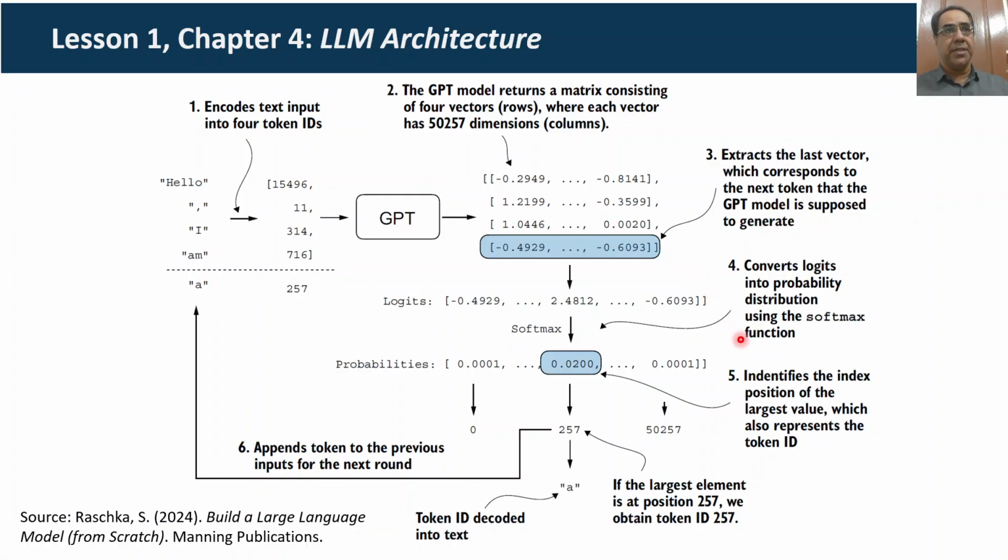See step 4 here. Now we consider the largest value of the probabilities. The corresponding position in the vector represents the ID related to the generated token. In this example, the generated token ID is 257. That's related to the word "a" in the vocabulary.